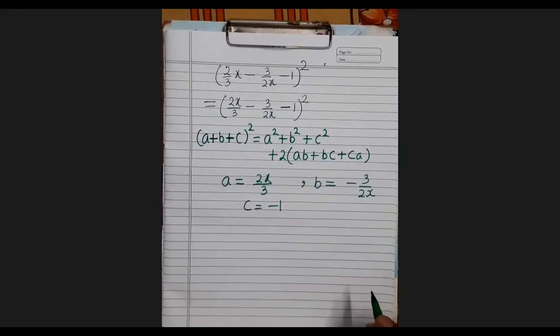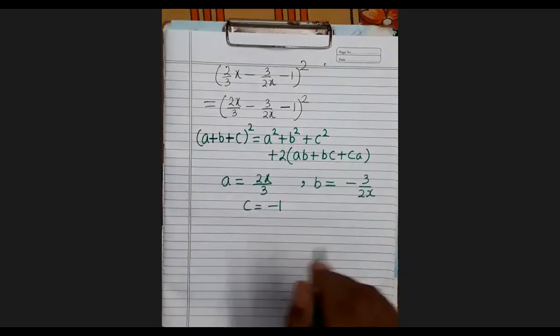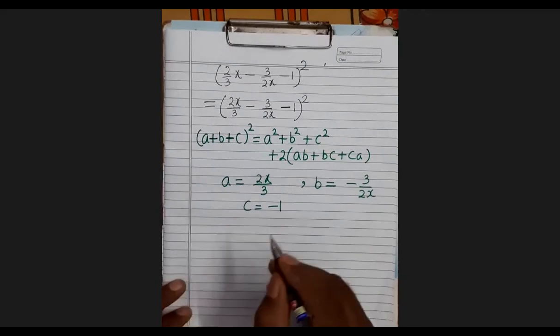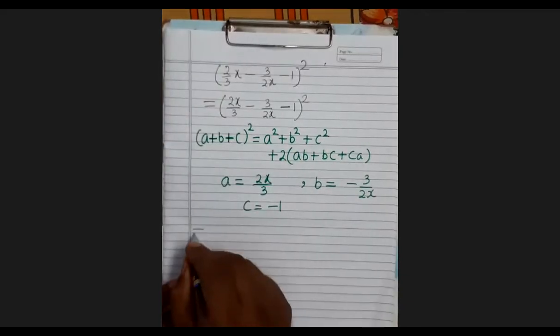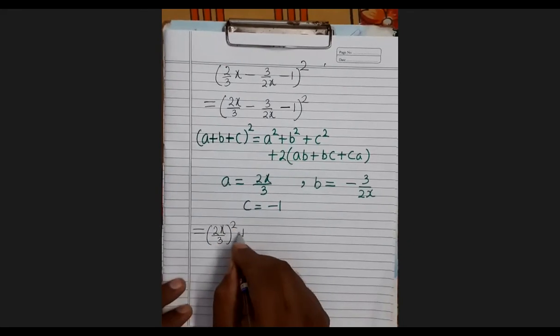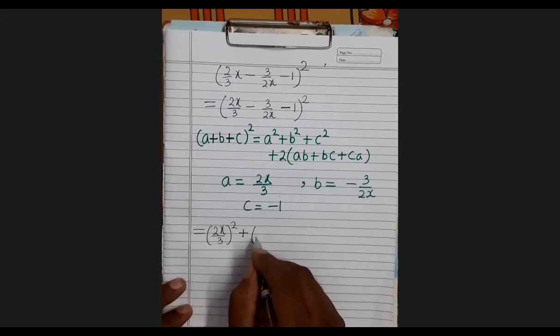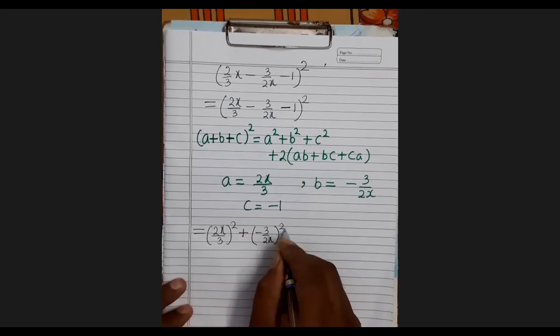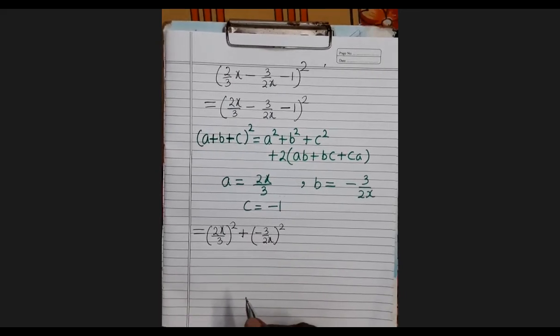Now you turn off the audio. Now you substitute here. So when you will substitute, a square, that is 2x upon 3 whole square, plus b square, that is minus 3 upon 2x whole square. It's clear?